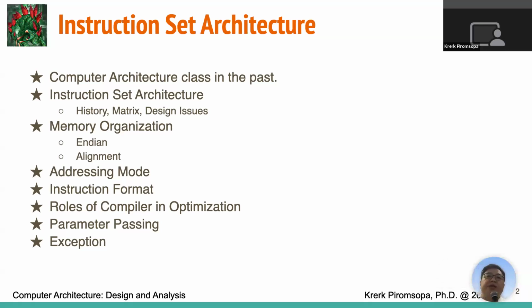It's how the software sees the computer. It's also a reference for the hardware designer or the architect to design a computer that would meet the same function. So it's an abstraction in a sense.